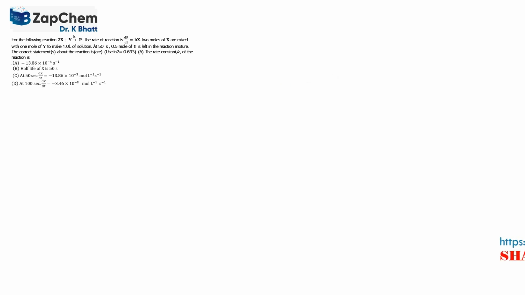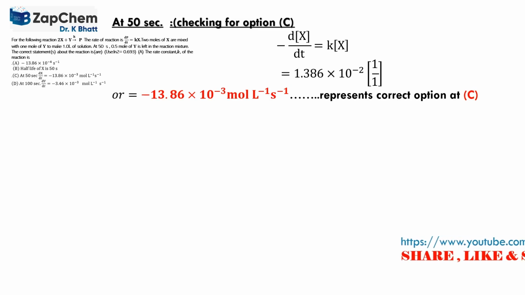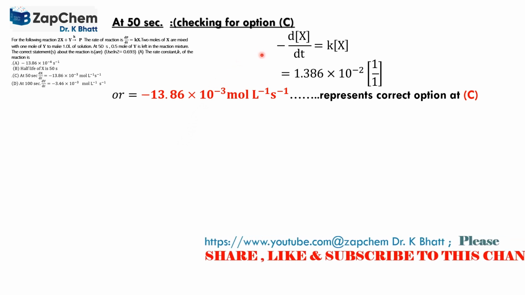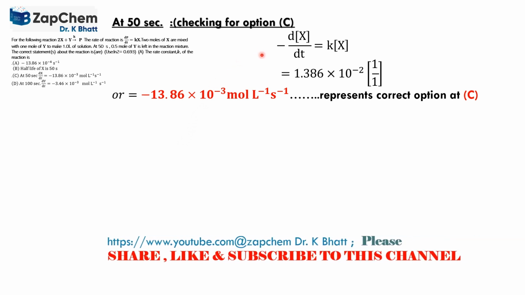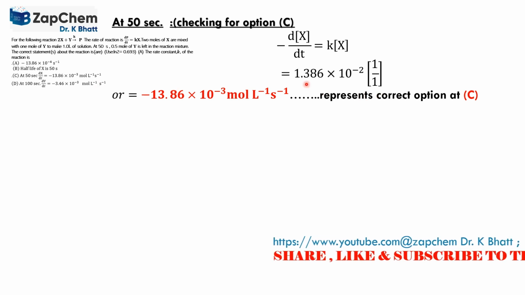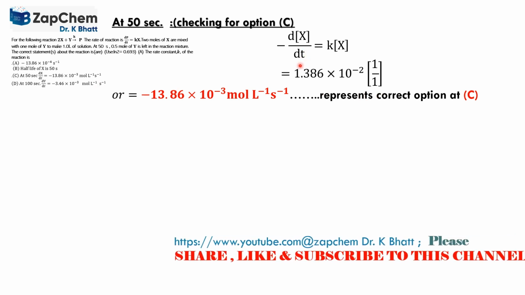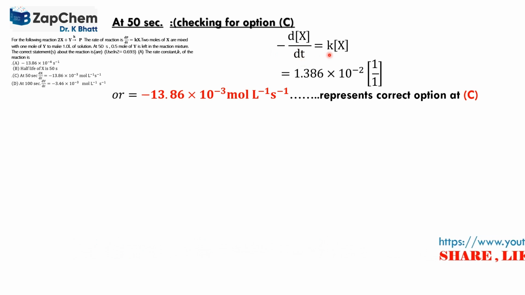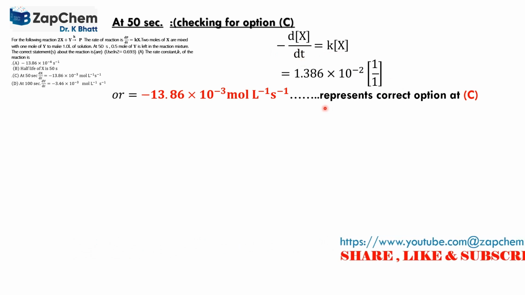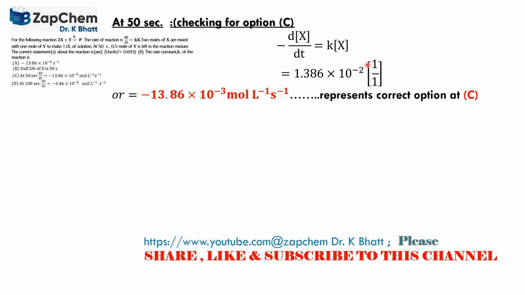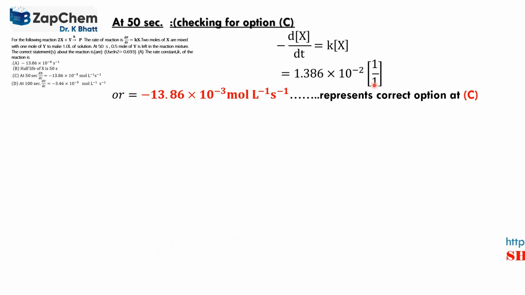Now let us move to the other option, and that is option C. In option C, we have to find the concentration after 50 seconds. So here minus dx/dt is equal to K into x, and K we have already calculated, and the concentration will be 1 mole per liter.